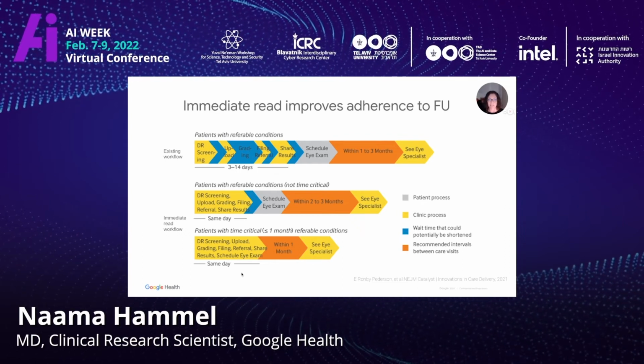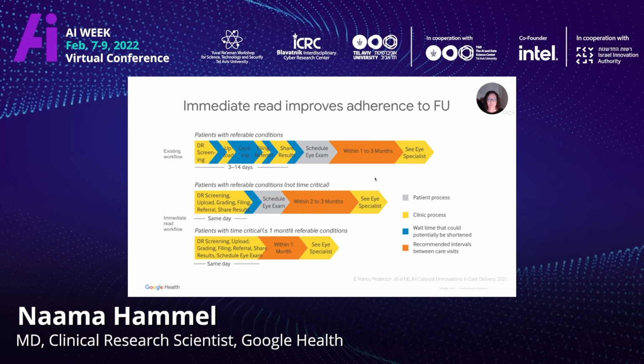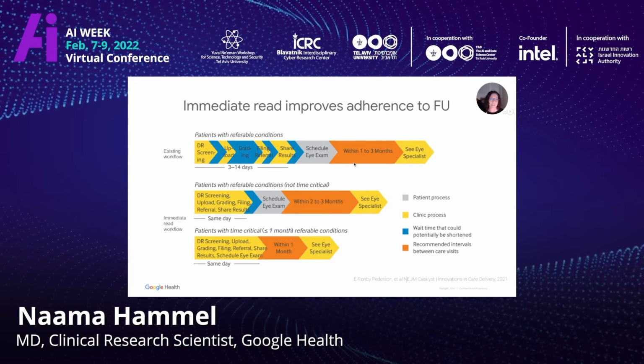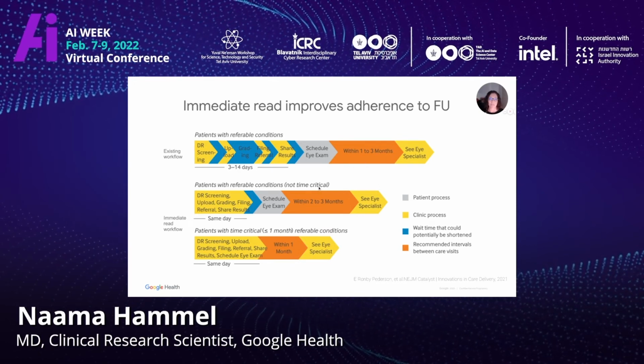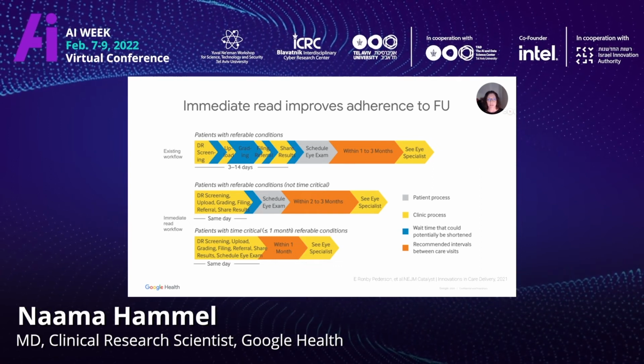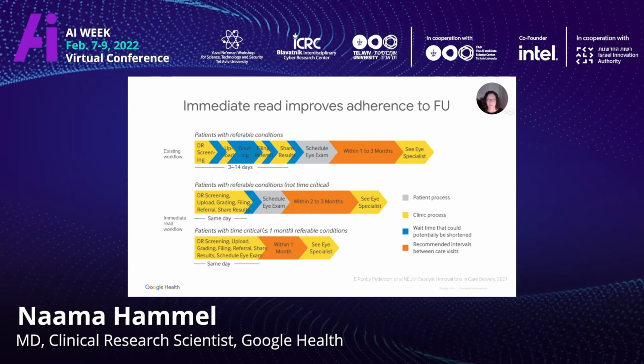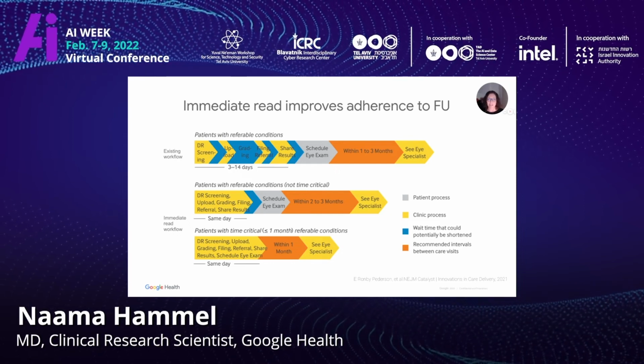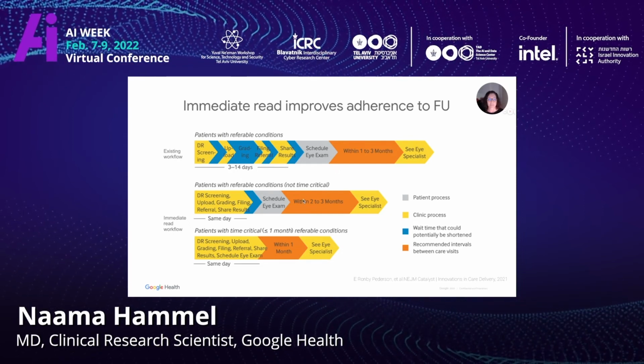So significant improvement in adherence to follow-up. And the next step, obviously, is to see what are the rates of visual impairment in those patients and whether these were improved. Unfortunately, COVID hit, and we couldn't run that study yet.